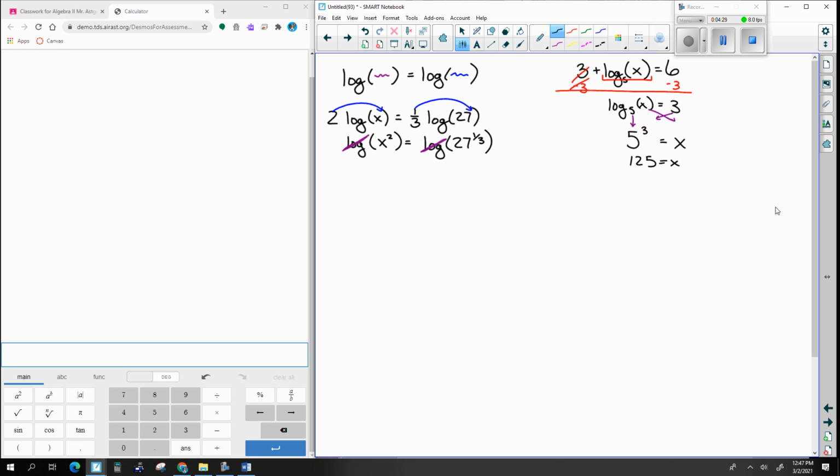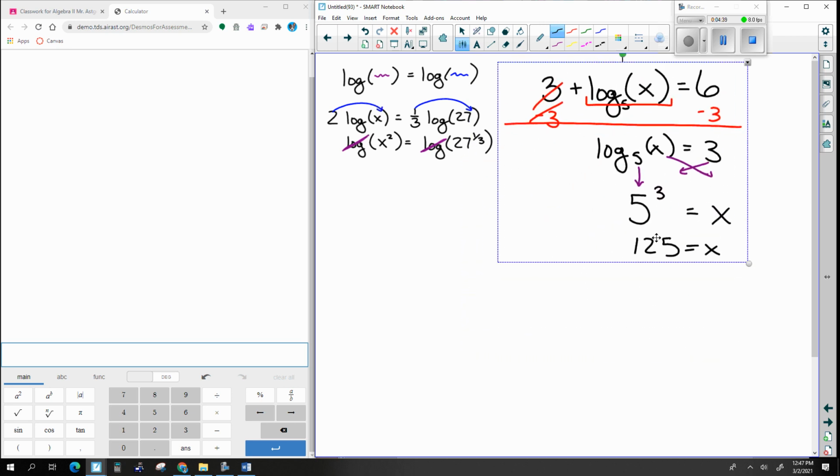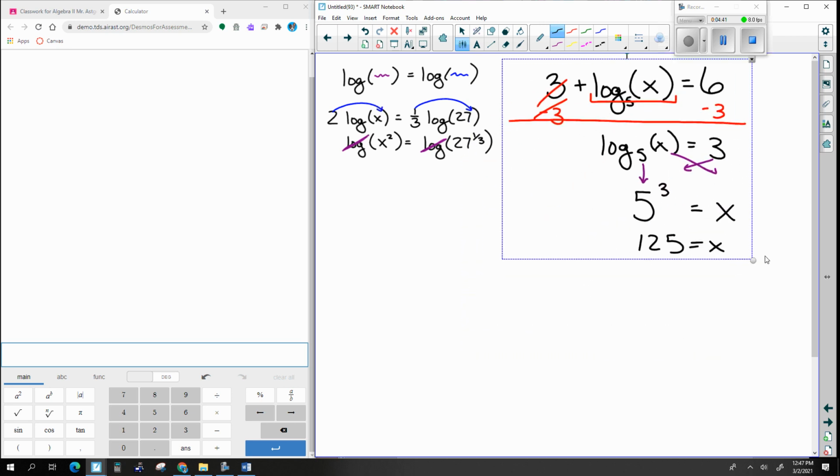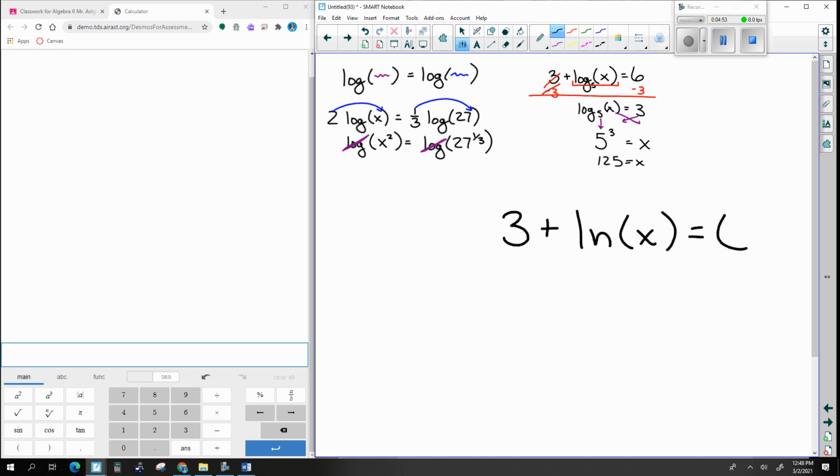In problems in which you have a single natural log, similar to this problem, but it's not a log, it's an ln, a natural log, like 3 plus natural log of x is equal to 6, or something like that.